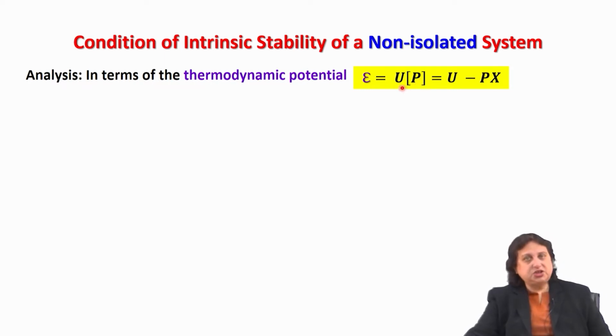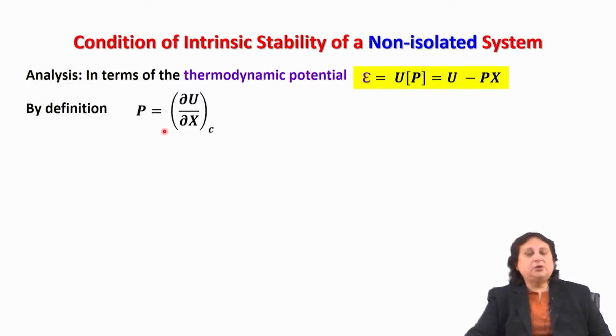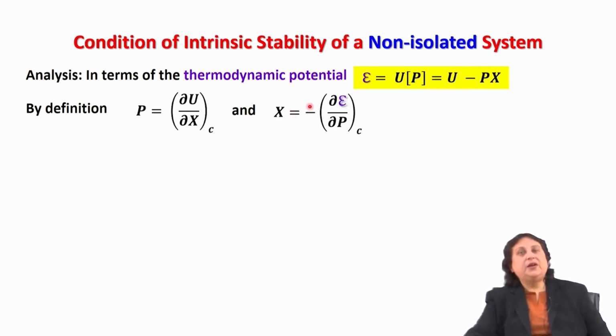So, by definition, this energy function E must be U minus P x. We have seen this before. Here I have, by definition, P must be equal to del U del x, keeping all other conditions constant, and also x must be minus del E del P.